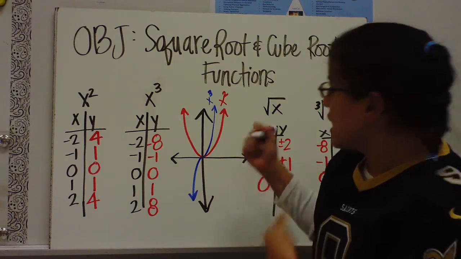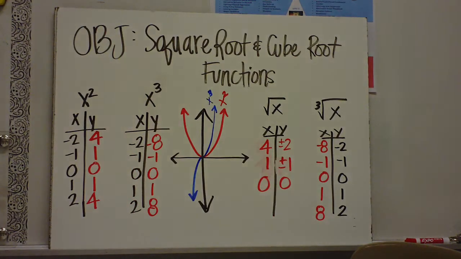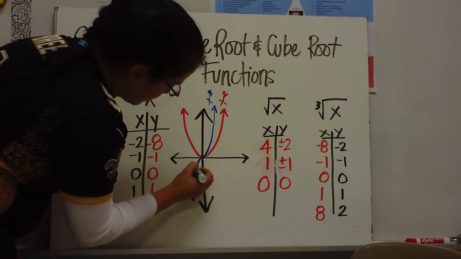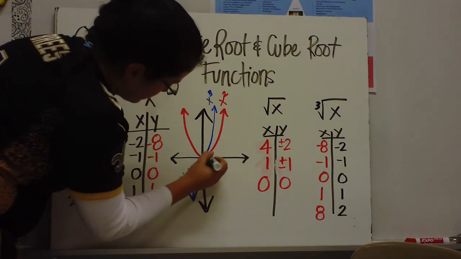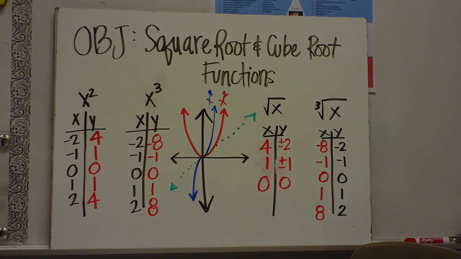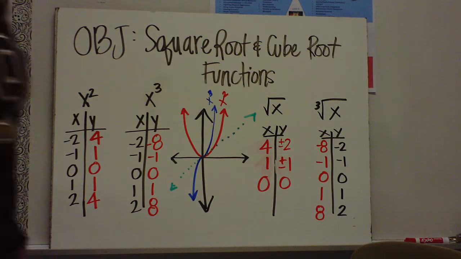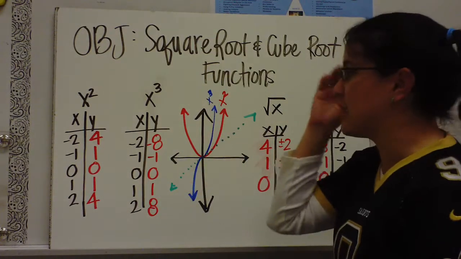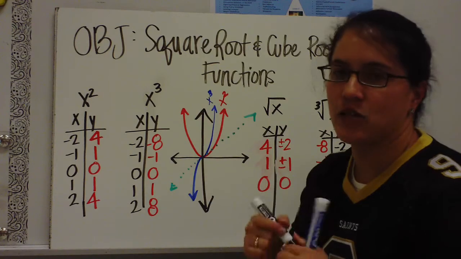So if you could see the line, let me get a different color. Okay, green. You saw the line y equals x. Then you could maybe see that my functions are being reflected over this line, meaning let's take the parabola, the x squared.